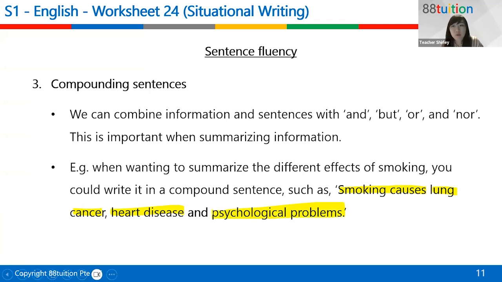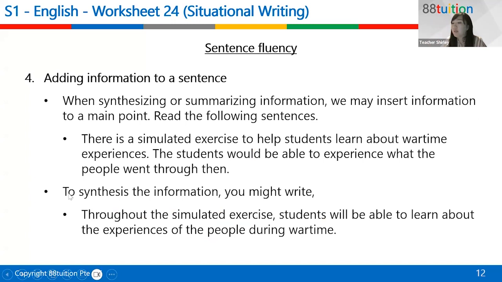If you were to separate them, you can say smoking causes lung cancer, smoking causes heart disease, smoking causes psychological problems. When you put them together, you use the conjunction and. Okay, now let's move on to the next one.